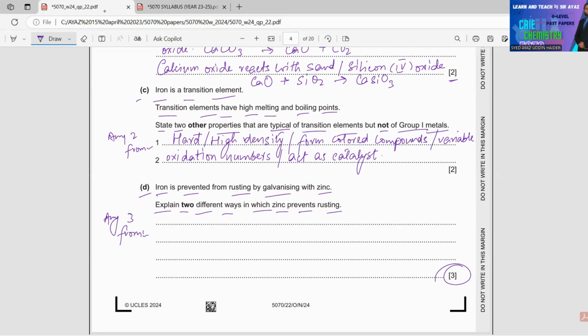So I will write zinc forms a protective oxide layer.